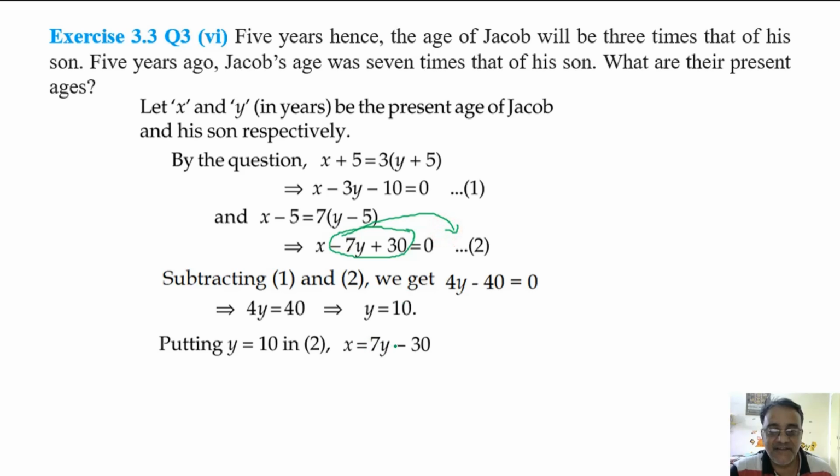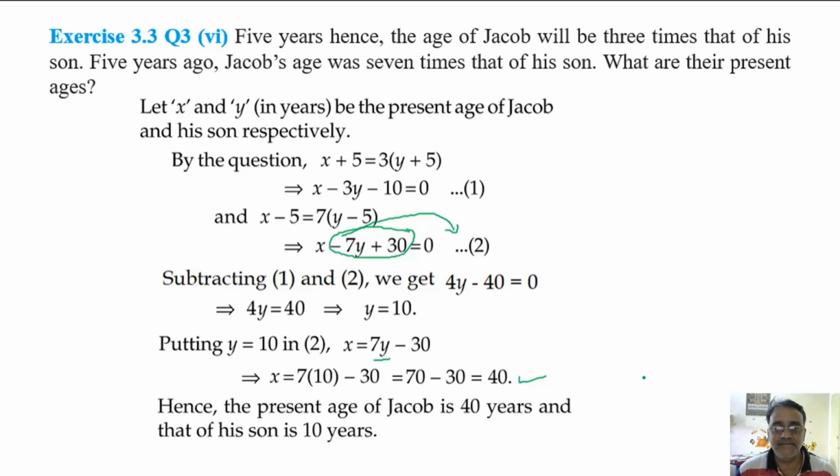So you will get x equals 7y minus 30. Now substitute the value of y here. That is 70 minus 30. Final answer? 40. So hence the present age of Jacob is 40 years and that of his son is 10 years.